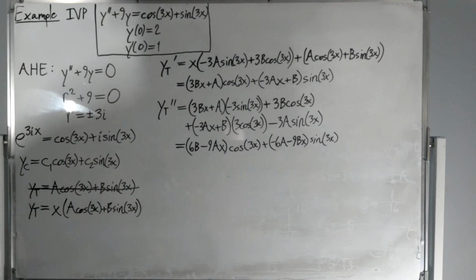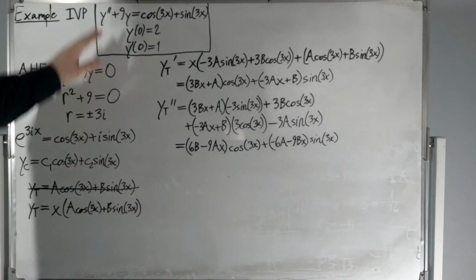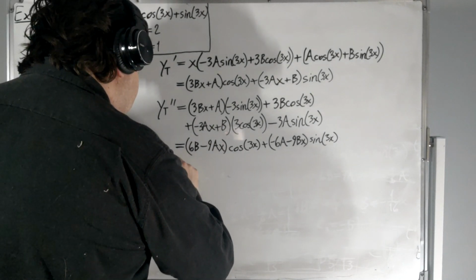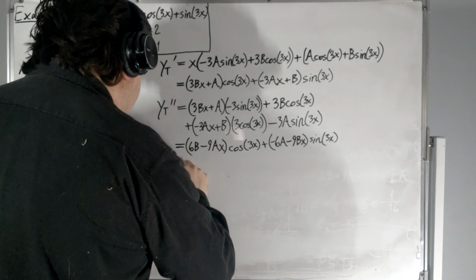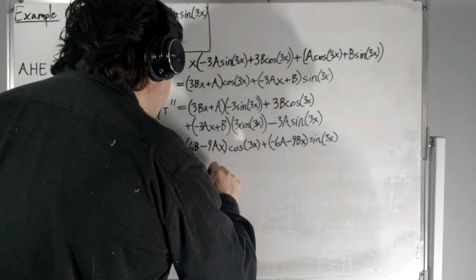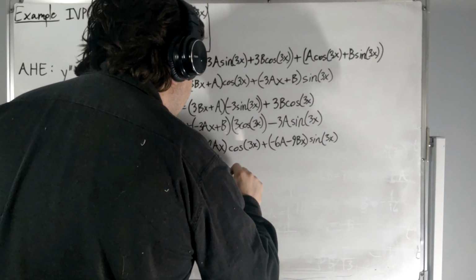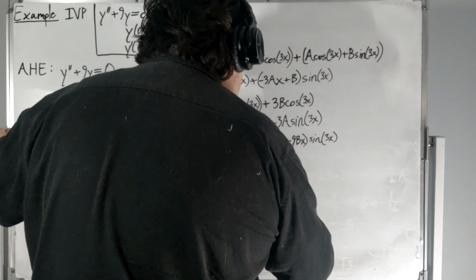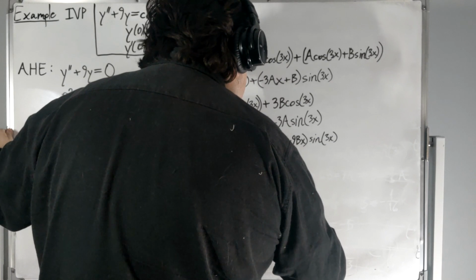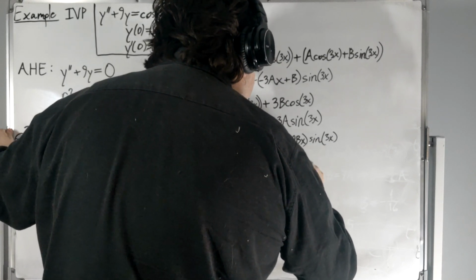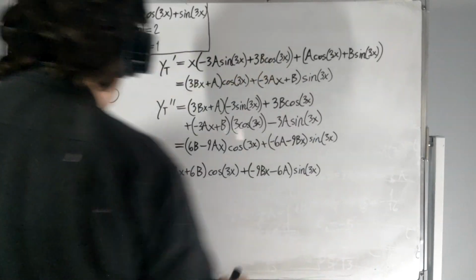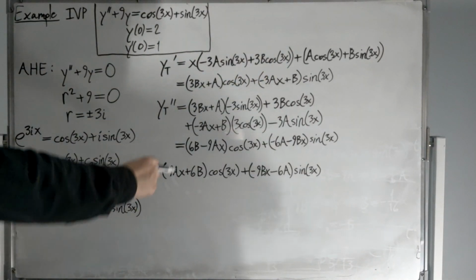So we put this information into the original ODE. We get negative 9ax plus 6b cosine of 3x plus negative 9bx minus 6a sine of 3x. That's the second derivative.